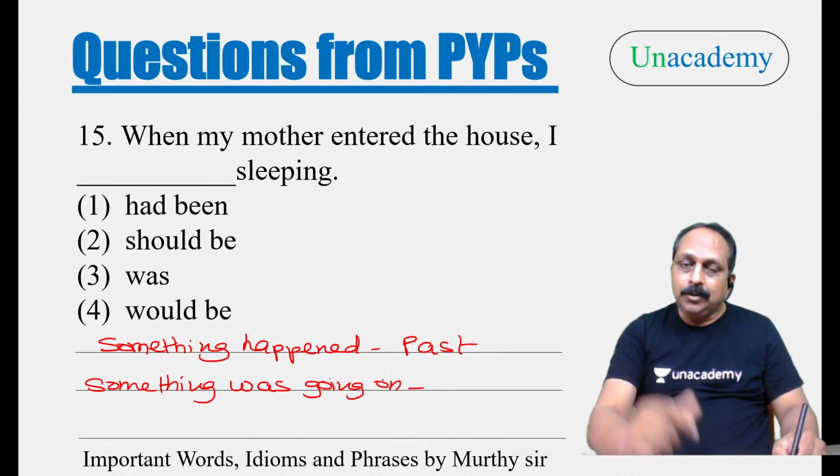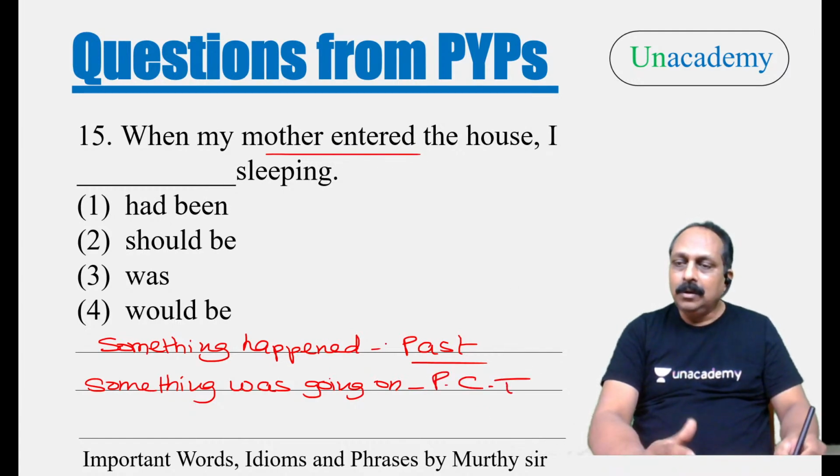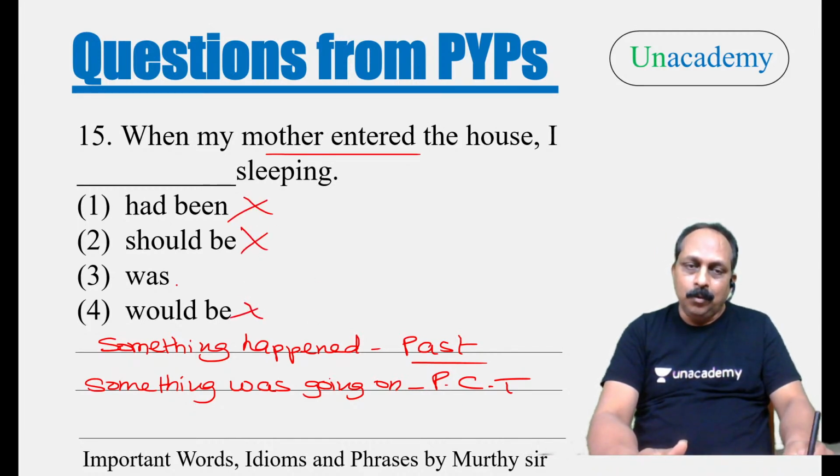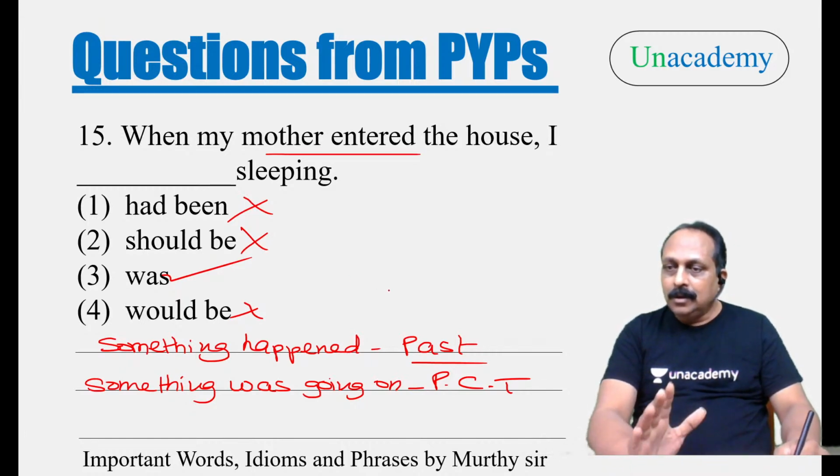That time something was going on. Something happened, for that we use past tense. My mother entered the house. That is past. That time something was going on. What was going on? I was sleeping. That is past continuous. It is not had been, it is not should be, it is not would be, it is the third option.